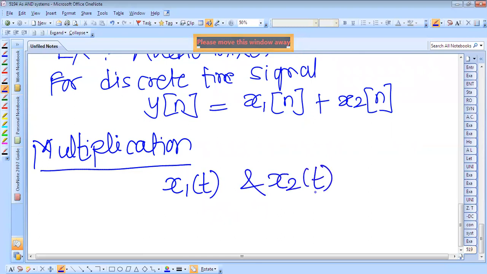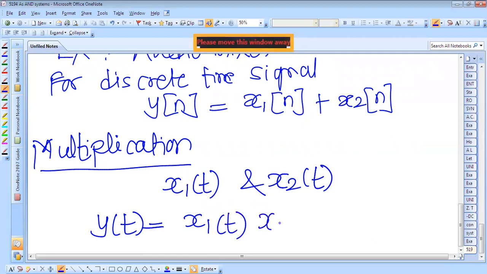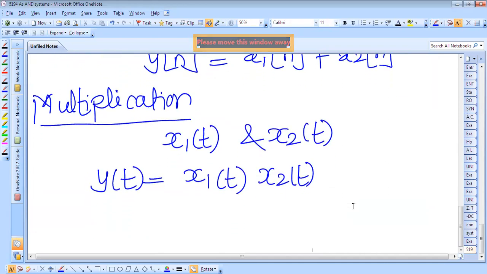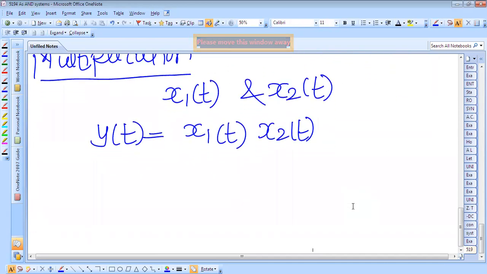Then the signal y of t can be obtained by the multiplication of these two signals, x1 of t and x2 of t. For each prescribed time t, the value of y of t is given by the product of the corresponding values of x1 of t and x2 of t.